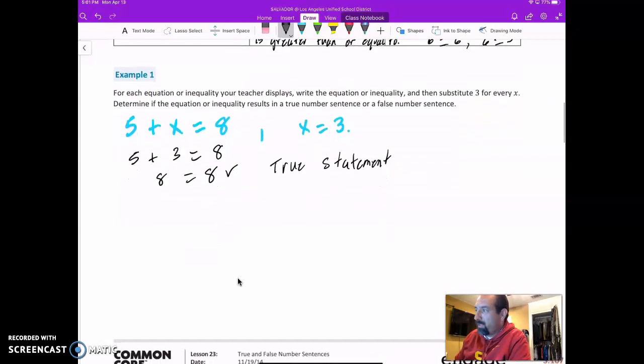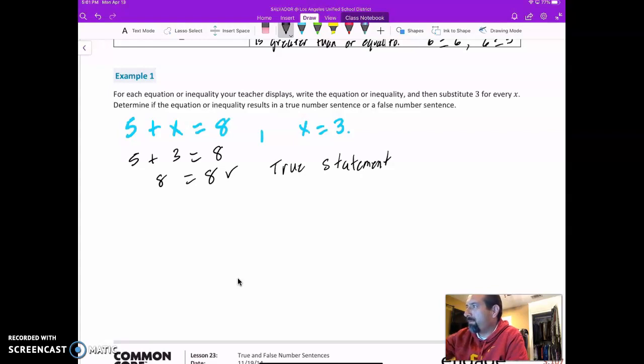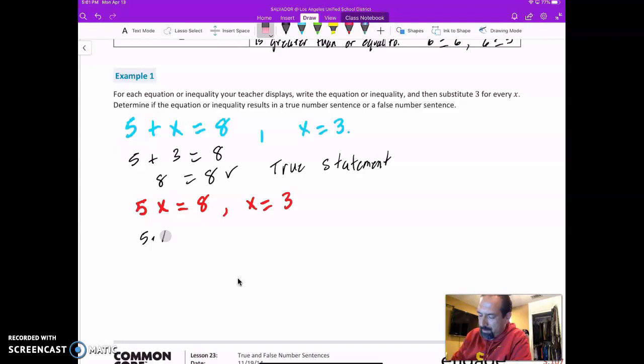All right, let's take a look at another one, okay? Let's say that we have 5 times x equals 8, and we let x equals 3, okay? If we substitute, 5 times 3 equals 8.